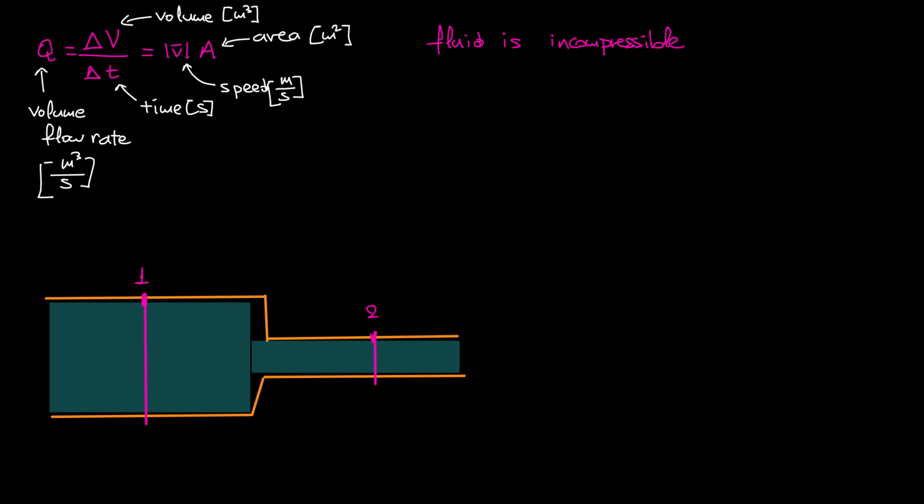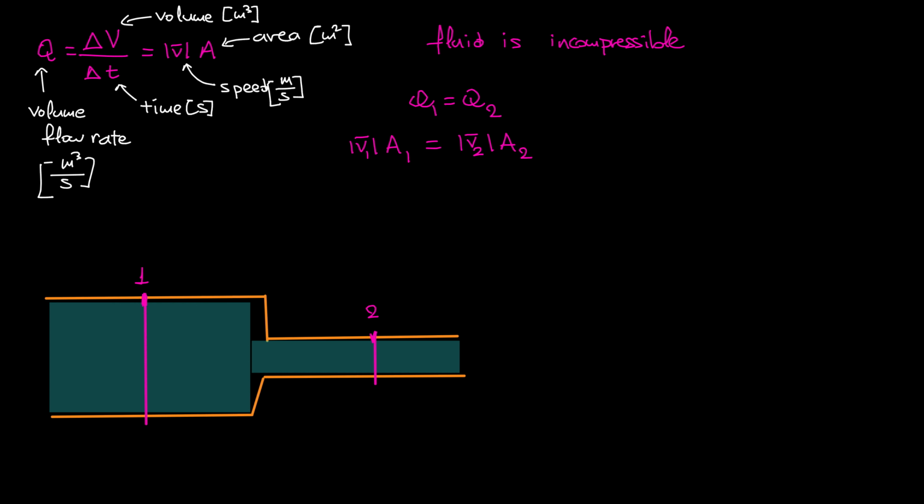This means that the two volume flow rates should be the same. The volume flow rate at 1 needs to be the same as the volume flow rate at 2. Now let's see what that means. The speed at 1 times the area at 1 should be equal to the speed at 2 times the area at 2.